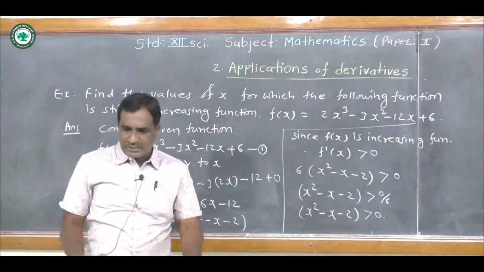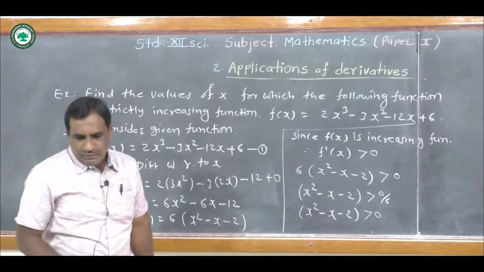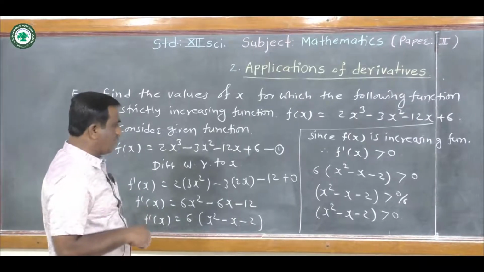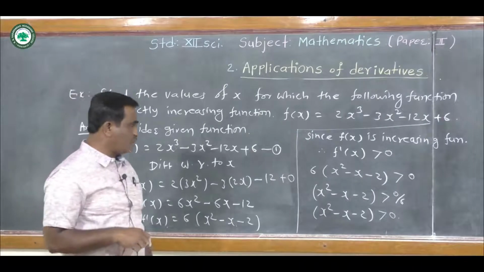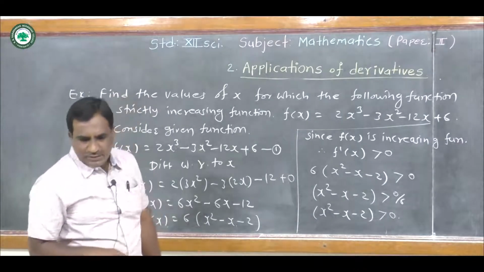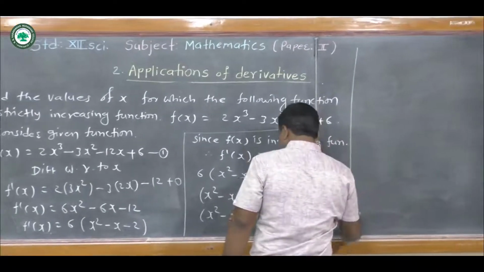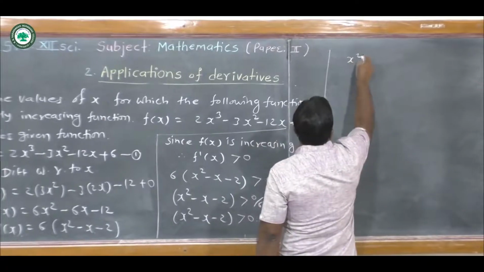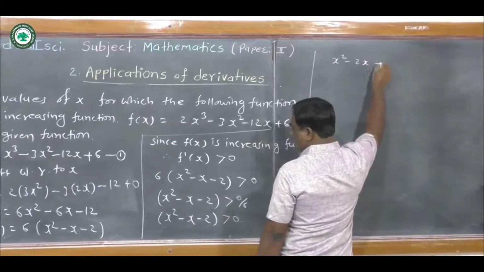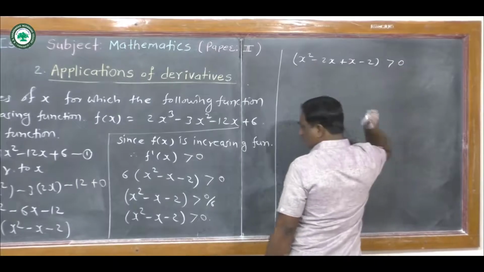Now we have to factorize this quadratic equation, x square minus x minus 2. We choose two numbers whose product is minus 2 and sum is minus 1. These numbers are minus 2 and 1. That is, x square minus 2x plus x minus 2 greater than 0.